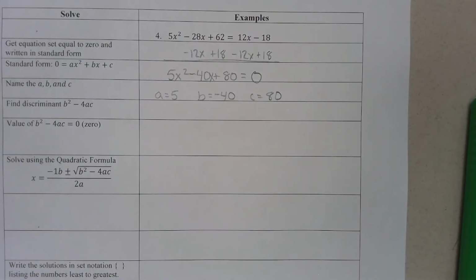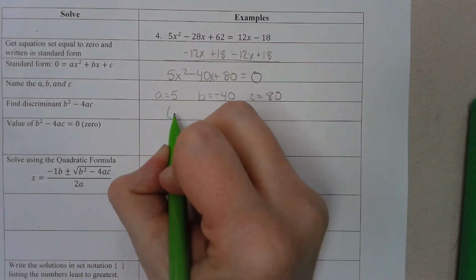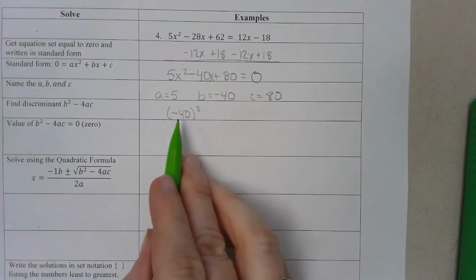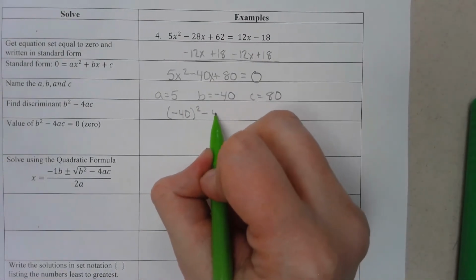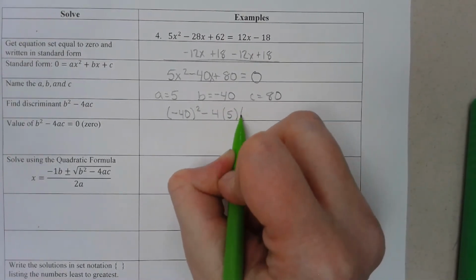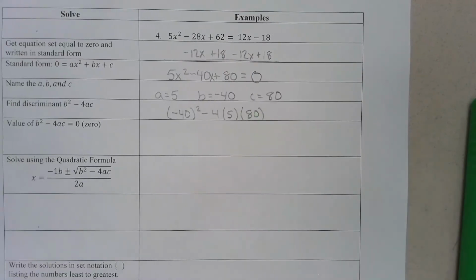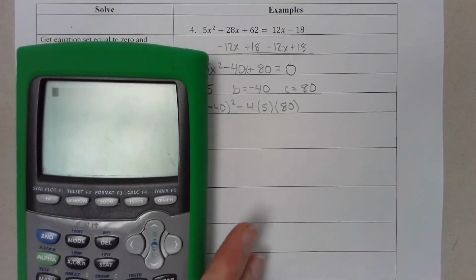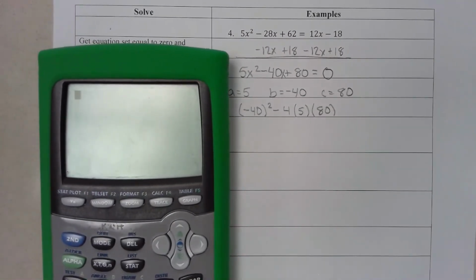We'll use those numbers in our discriminant formula so we can determine how many solutions we would find. So b squared minus 4 times a times c. Using our calculator, we can help see what that value of the discriminant would equal.